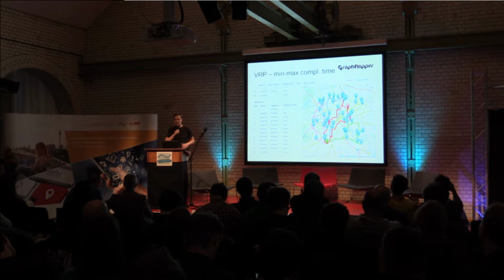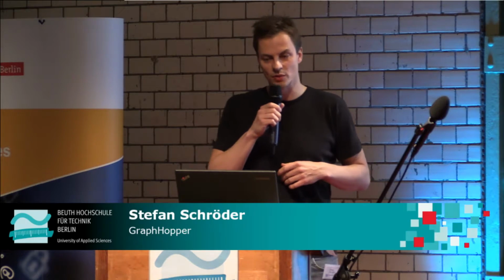And this gives 5 routes which are more or less balanced also when it comes to the operation time. And let's change this again and change the profile from car to foot, and we have another solution.